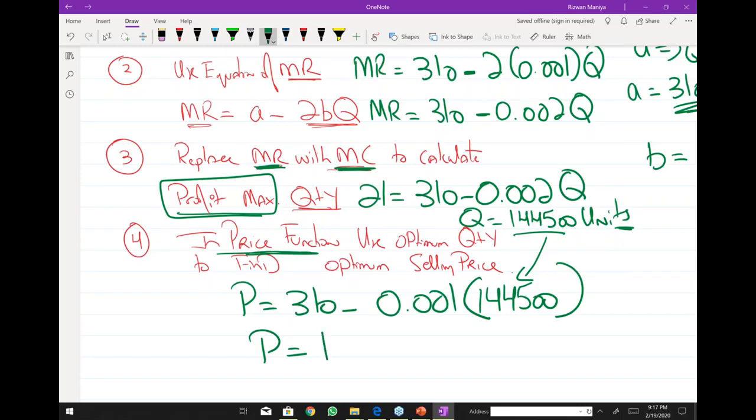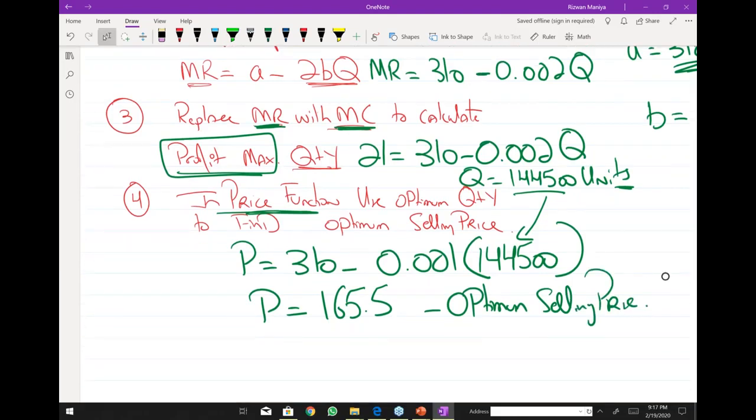The price is 165.5. So this is the optimum selling price. Are you all with me, guys? Come on, say yes. Is this clear to all of you? So it's 165.5, which is the optimum selling price.